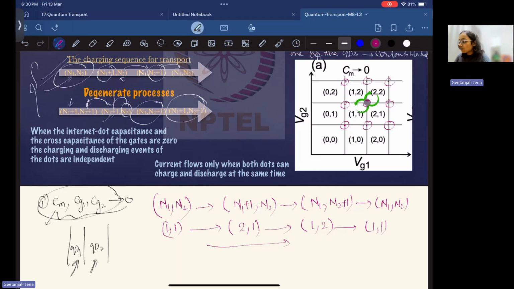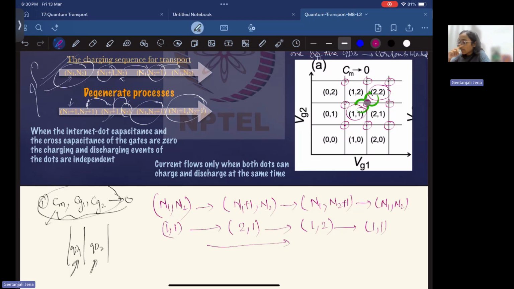And for this special case where Cm, Cg1 and Cg2 are 0, if you start with 1, 1 or if you start with 2, 2, these two states occur at the same gate voltage. That means they are degenerate.